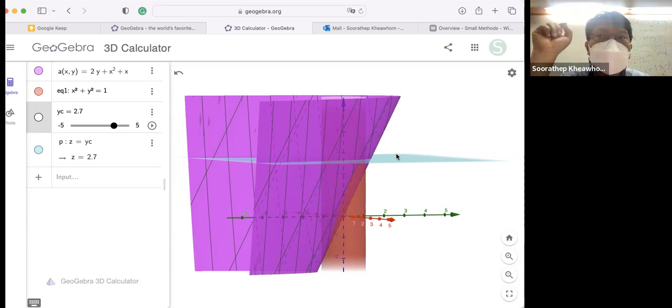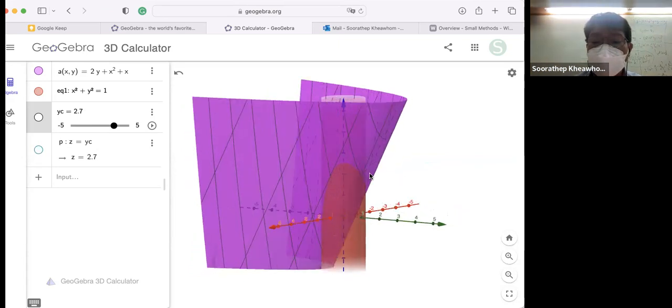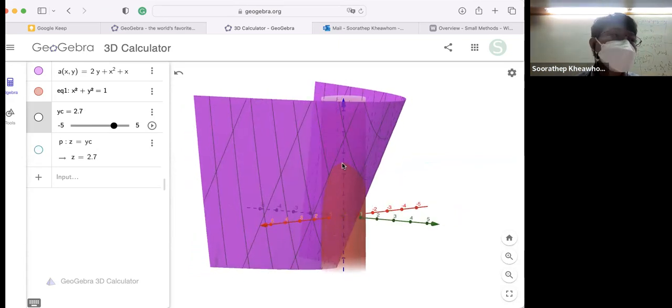We move the plane up to that point. Of course, this blue plane is just imaginary, to assist your understanding of what really happened. We can remove it, but you know that the maximum point is somewhere around here.